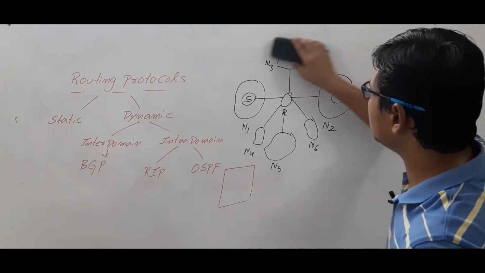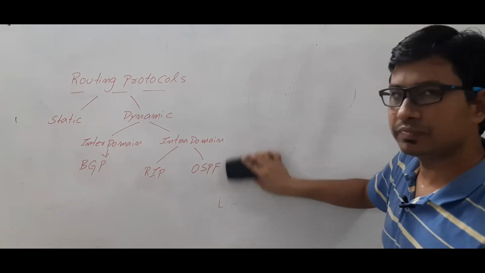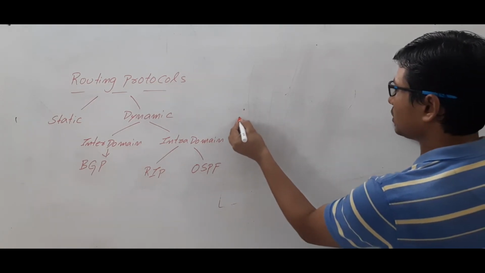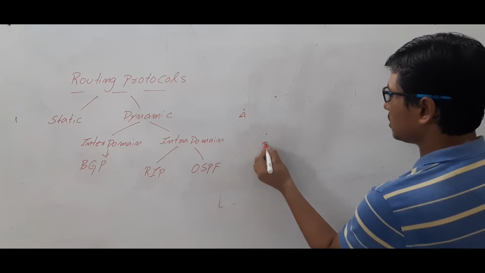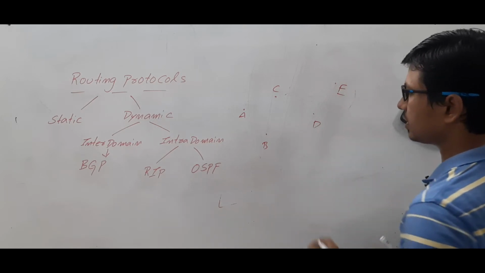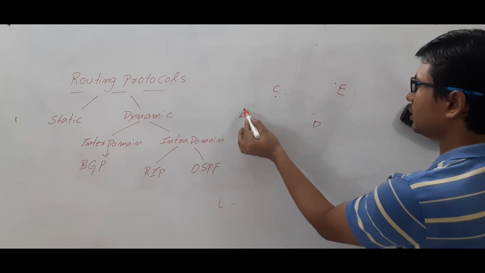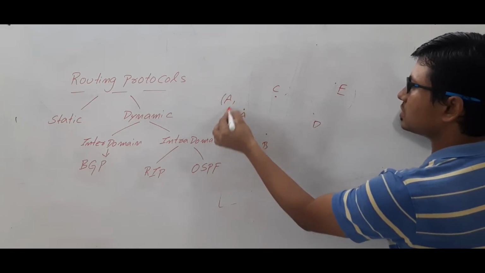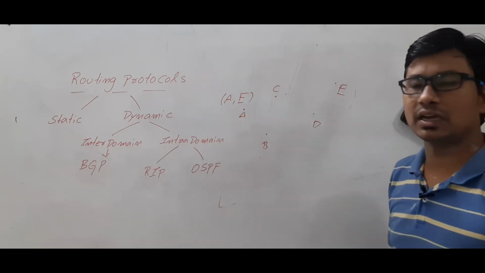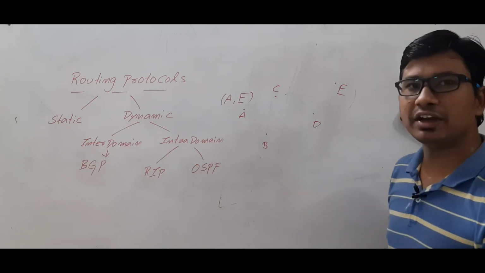Okay, so now let me discuss how it is different from flooding. Suppose you have a source. Let's take that this is one node, this is another node, and so on: A, B, C, D, E. Now you want to send a packet from A to E. So the source is A and E is the destination. How will you do it? In flooding, what will you do?